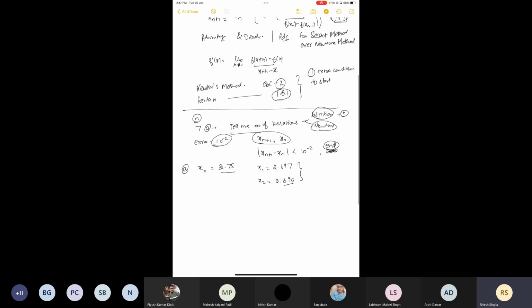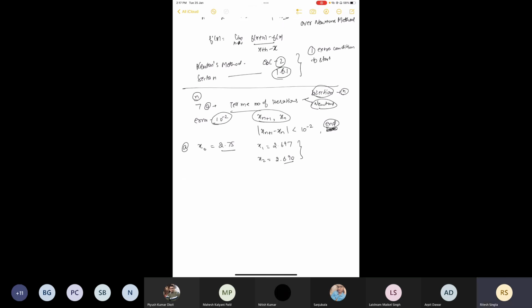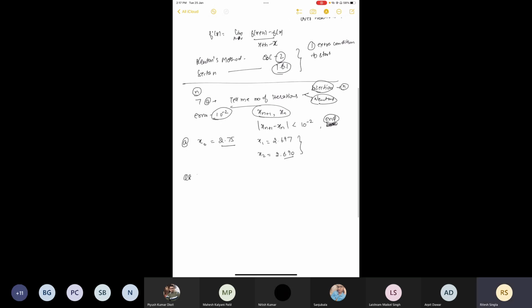So can we assume that we know how to apply Newton's method by now? Okay, have you read question number 8 a part?